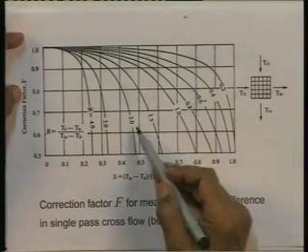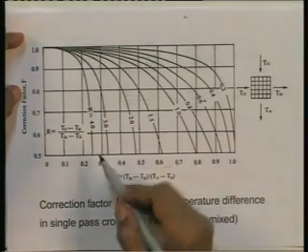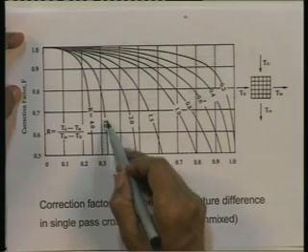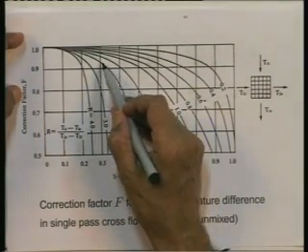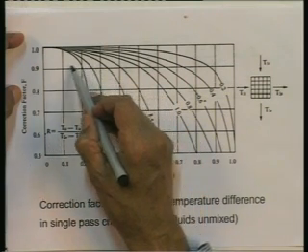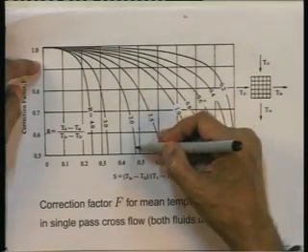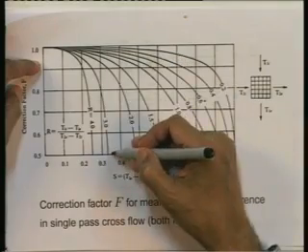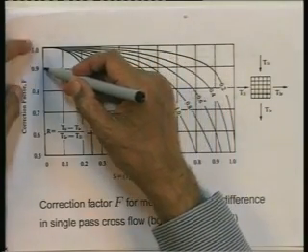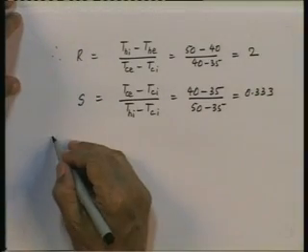So, this is the graph of R equal to 2. Take S equal to 0.333, go up to the R equal to 2 curve, then go horizontally and read off the value of F. You follow? We get F equal to 0.91 from the figure.